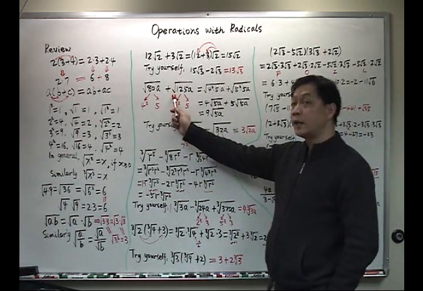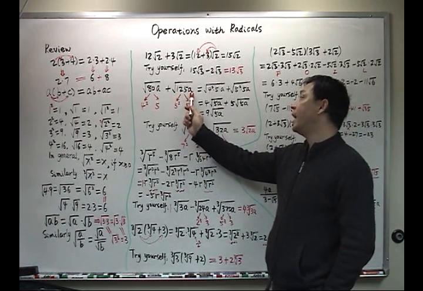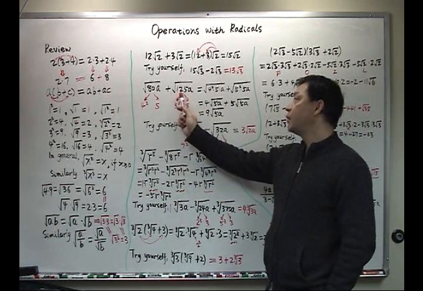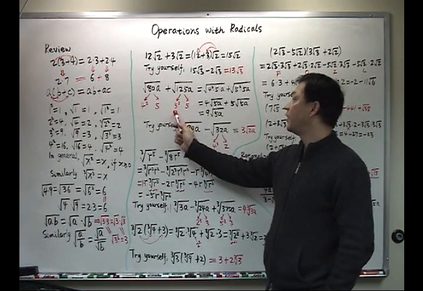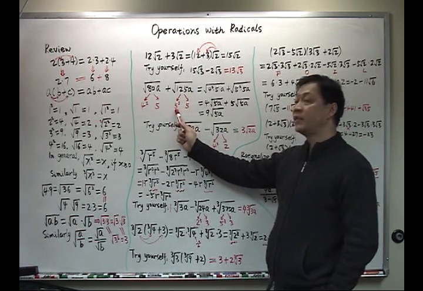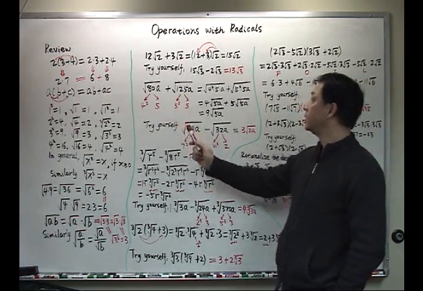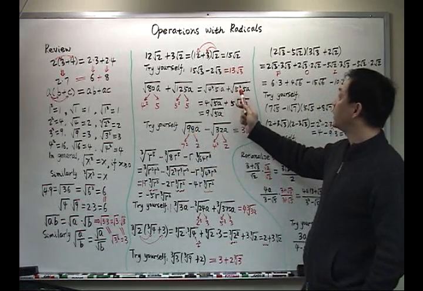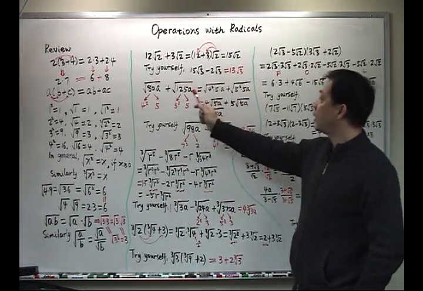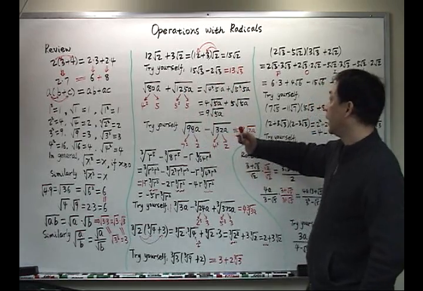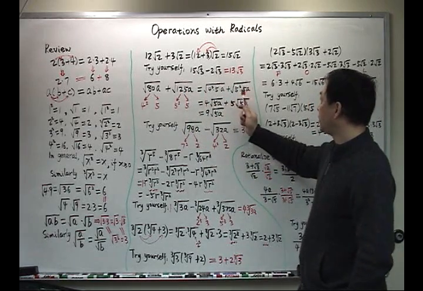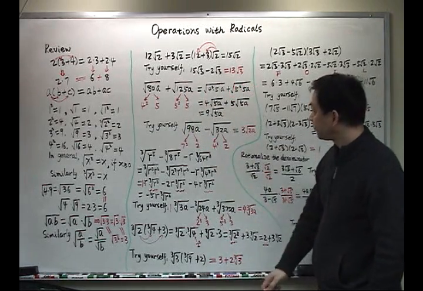Similarly, the second one, radical 125a, 125 is 25 times 5. 25 is 5 squared. So you have 5 squared times 5 is 125. And then you leave a inside the radical sign.